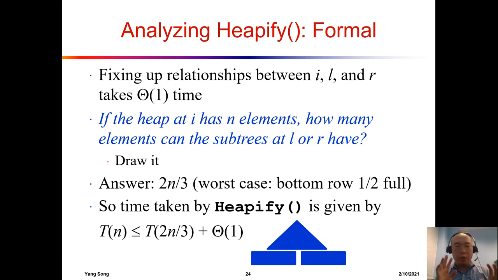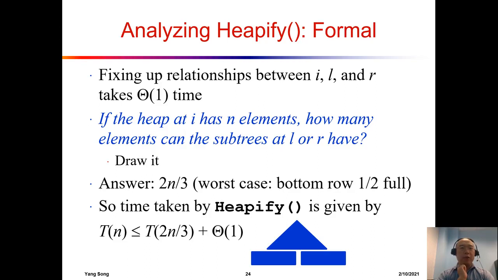Okay, so you can do another one using the height of 3, and what you will see is the number of nodes in the triangle versus the number of nodes in the rectangle. As long as it is a complete heap structure, the number of nodes in those 3 parts is roughly the same.